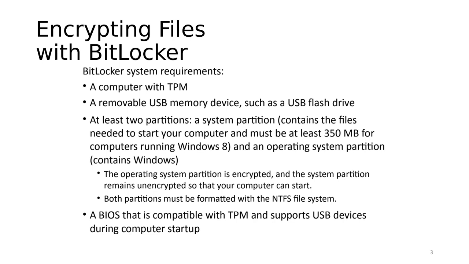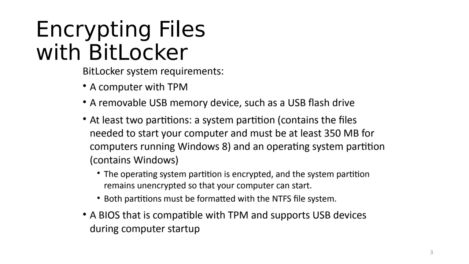You will have a system partition, which contains the files needed to start your computer. It should be at least 350 megabytes if you are running Windows 8. The second partition is the operating system partition, which contains Windows.